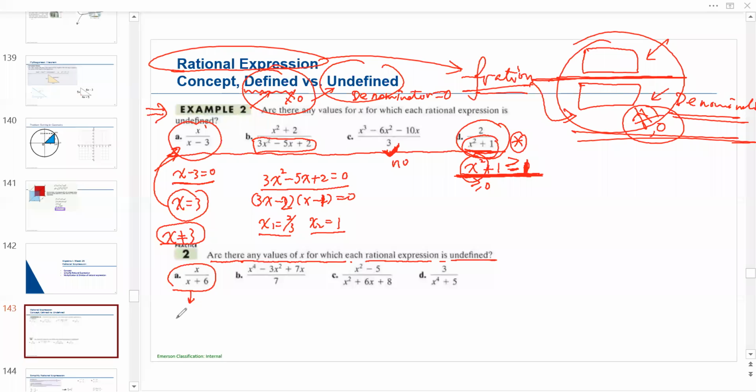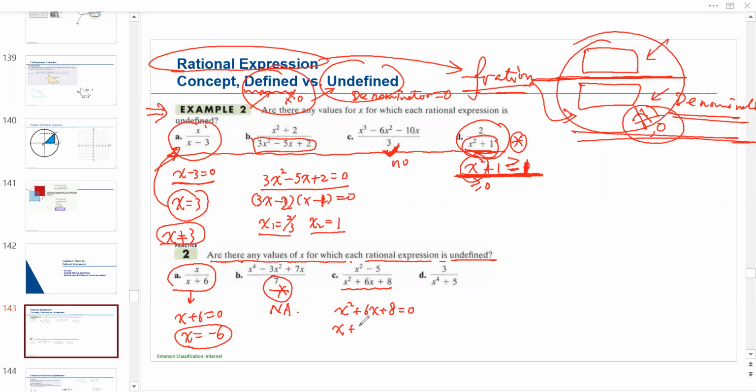So the same here. So when x plus 6 equals 0, they will be undefined, right? This one is not available. Any number cannot make this denominator become 0. The third expression, we can make this denominator become 0.